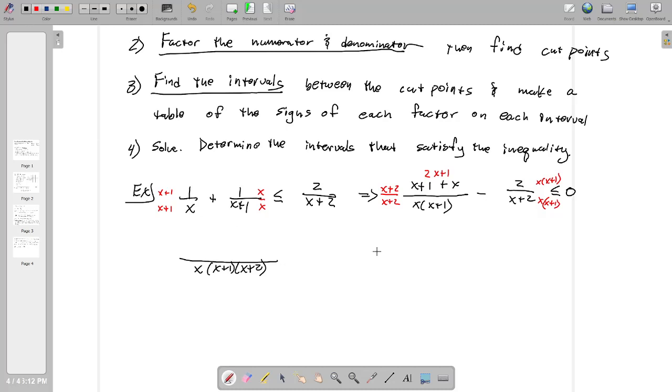So combining these, we would have (x + 2) times (2x + 1) minus 2x times (x + 1). This is all less than or equal to 0. Okay.